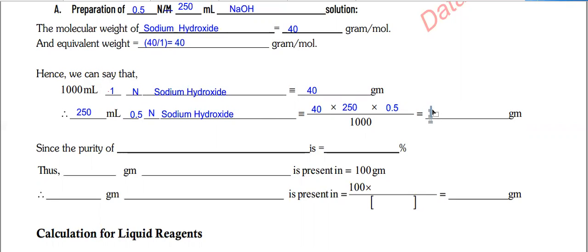The answer will be 5 gram sodium hydroxide.